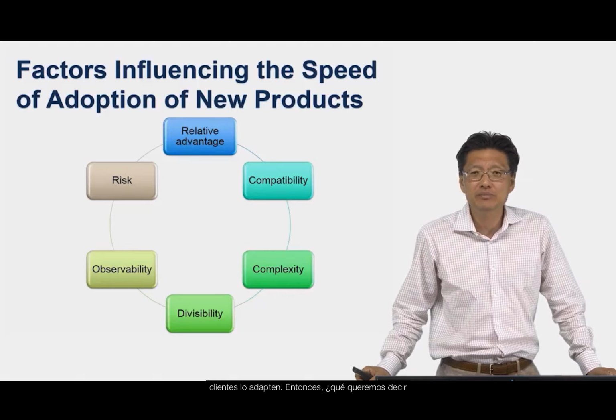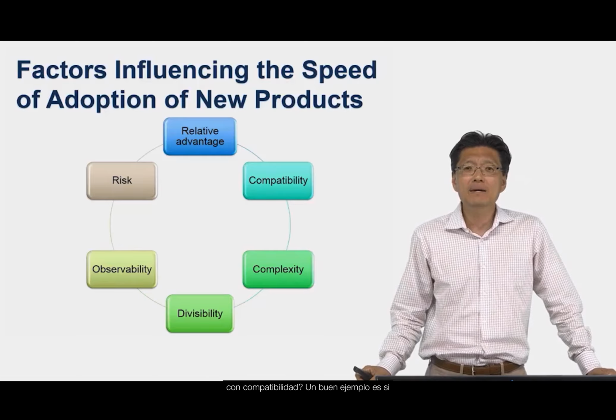The next is compatibility. The more compatible the new product is with the existing product, the easier and faster it's going to be adopted by customers. So what do we mean by compatibility?